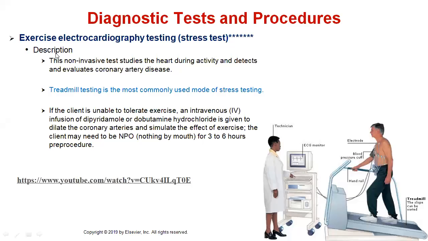The other one is called the exercise electrocardiographic test, or trace test. In this picture, you can see a man with electrodes for EKG, and he is walking on the treadmill, right?